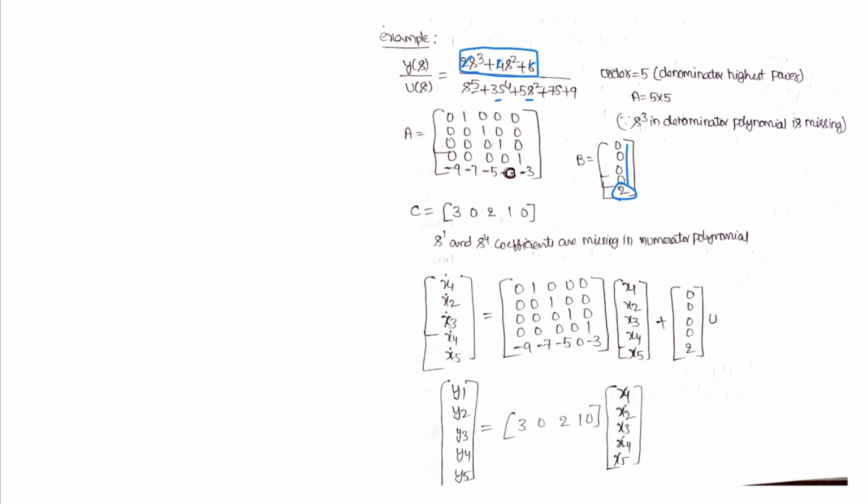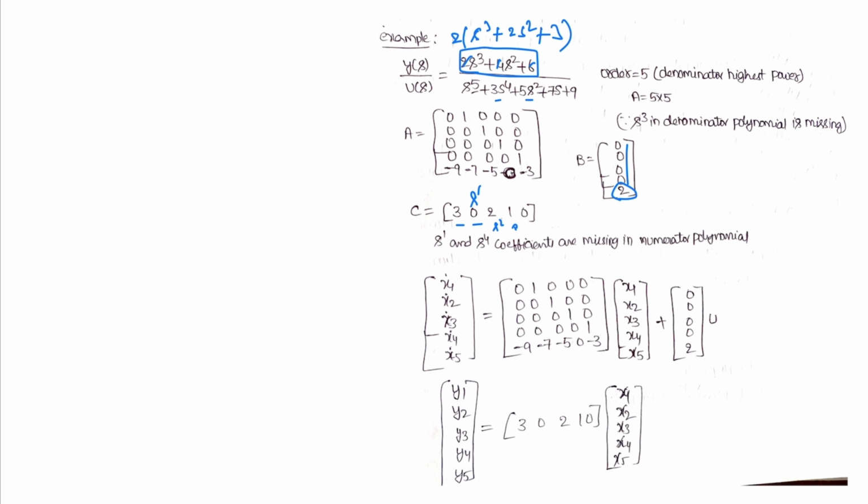That is 3, s power 1 is missing so take it as 0, s square it is 2, s cube is 1 because 2 is already taken as common. That is s cube plus 2s square plus 3 in the numerator. This is how to find the system matrix, input matrix and output matrix respectively.